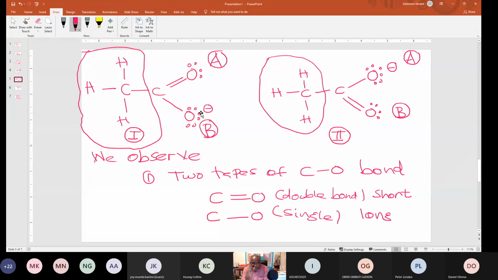So the structure of the acetate ion is neither 1 nor 2, but the composite, the weighted average of the two structures. So you take 1 and 2, you mix them together, you get an average, and that average will be the structure of the acetate ion.